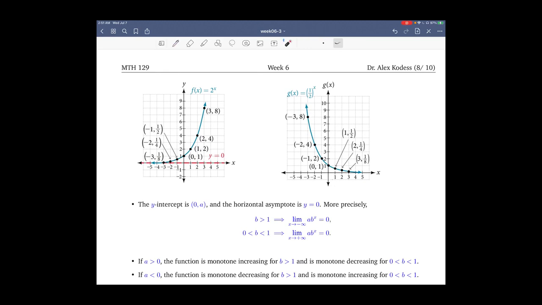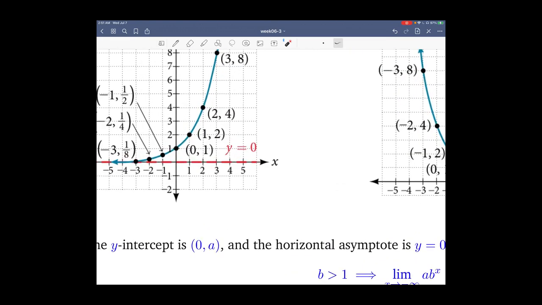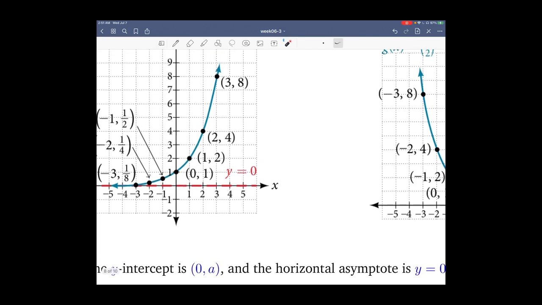So 2 to the power x has a very distinctive look. It's an increasing function that passes through the point 0, 1. That's because 2 to the power 0 is 1. To the right of 0, it grows extremely fast.